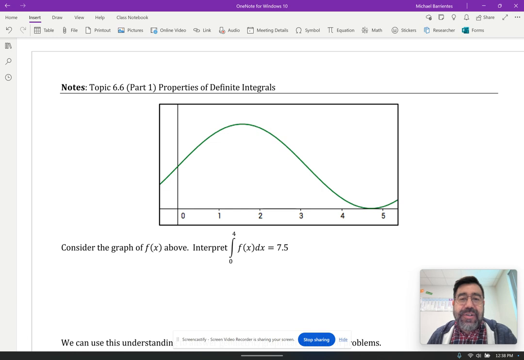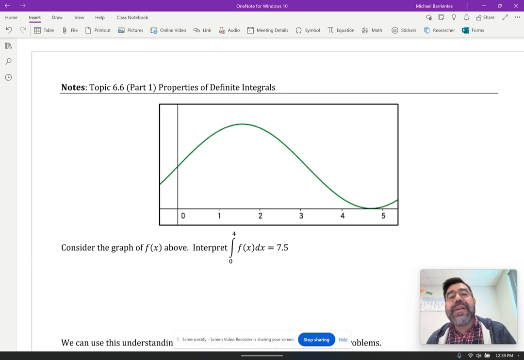Unit 6 is going to introduce us to definite integrals, which is the second part of calculus. We have differential calculus, or derivative calculus, and then we have integral calculus. The work that we're going to do in the first videos is going to give us the foundation for understanding what a definite integral does, how to read a definite integral, the notation that we use, and then how to find exact definite integral values and approximate definite integral values.